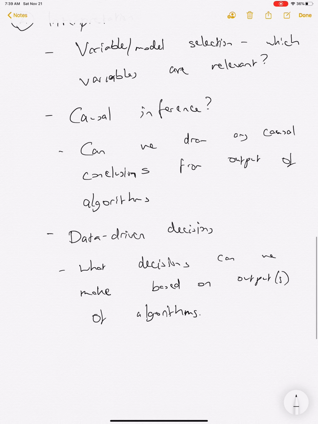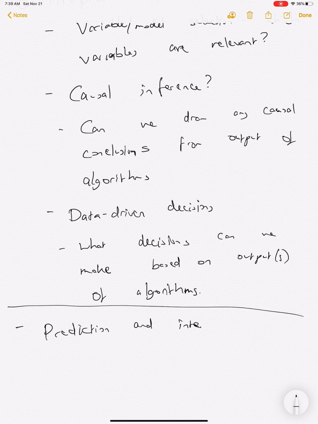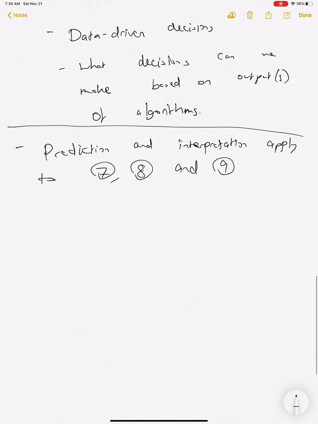And that applies to all of these last three steps, 7, 8, and 9. So this prediction and interpretation apply to 7, 8, and 9.